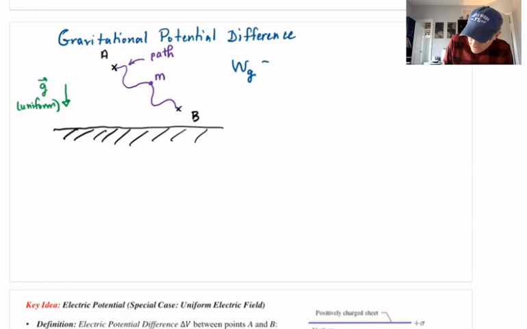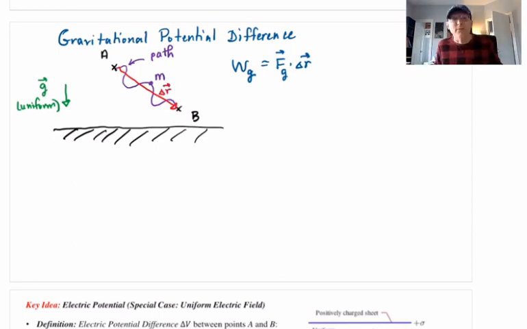And the formula for that would be F grav dot the displacement, delta r. Let's draw the displacement. That's just an arrow pointing directly from A to B in a straight line. That's the displacement vector, even though the actual path is more complicated.